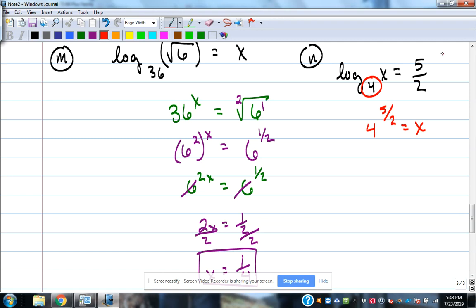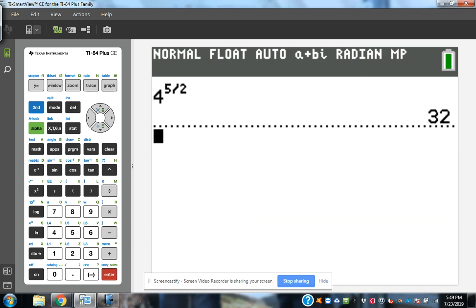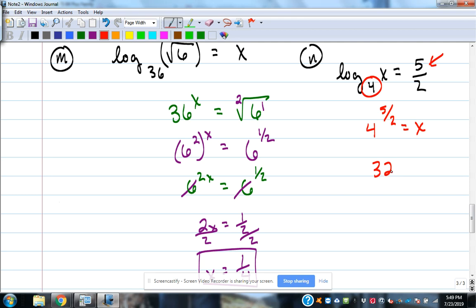Base, exponent, what it's equal to. And then, hey, 4 raised to the 5 over 2 is just a number. All I've got to do is work that out. 4 raised to the 5 over 2 is 32. And I'm done.